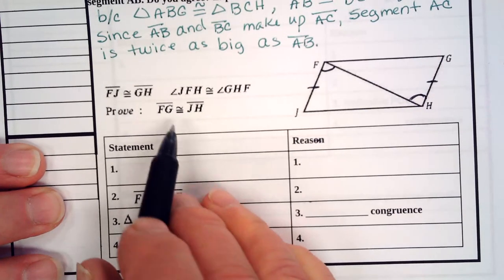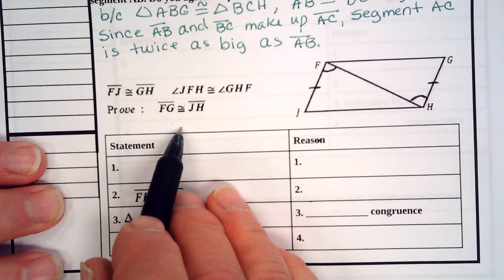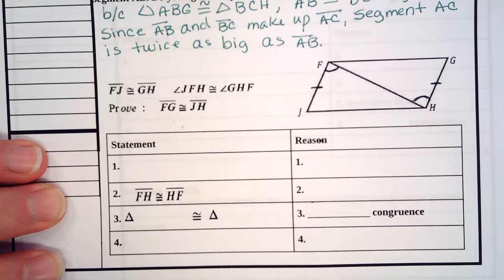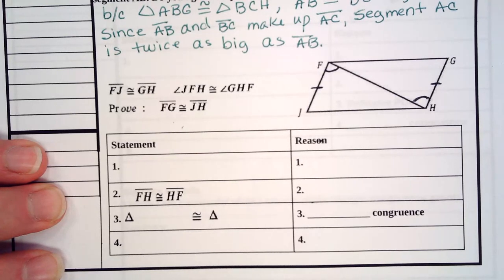We want to prove that these two segments are congruent. So now, we have the first statement and reason, and we have the last statement. The first statement and reason is what you're given.